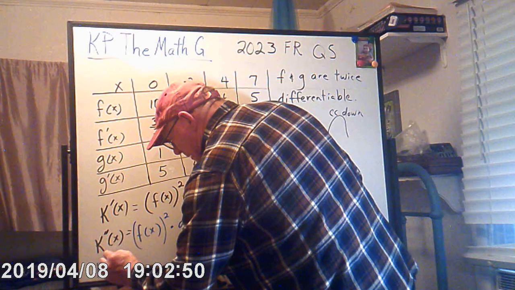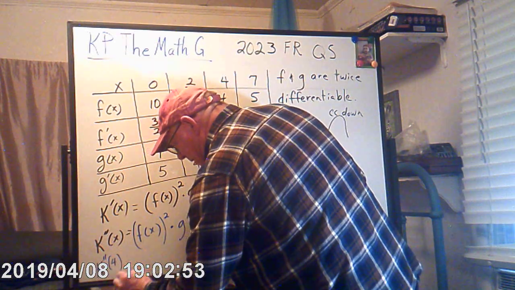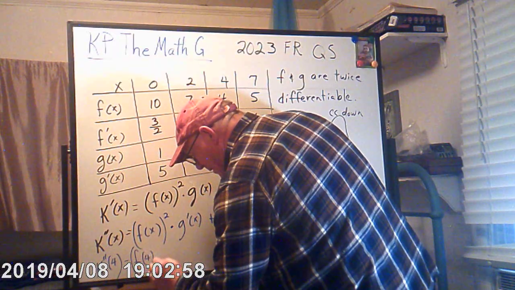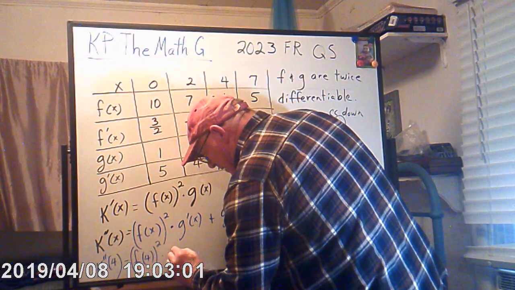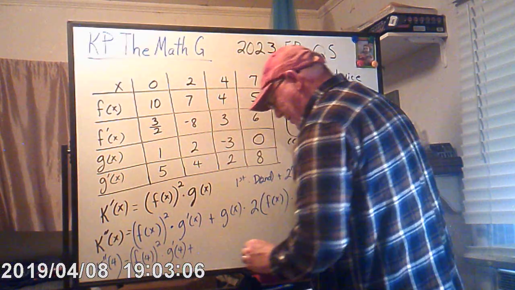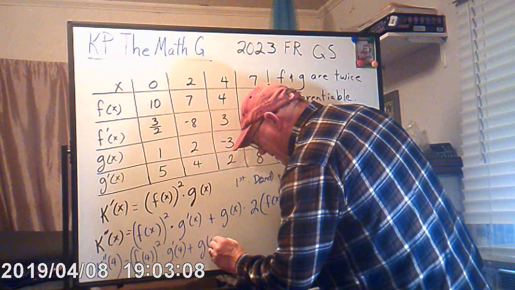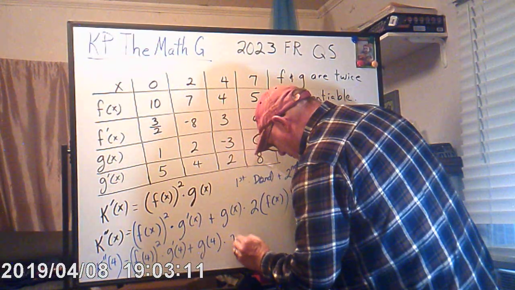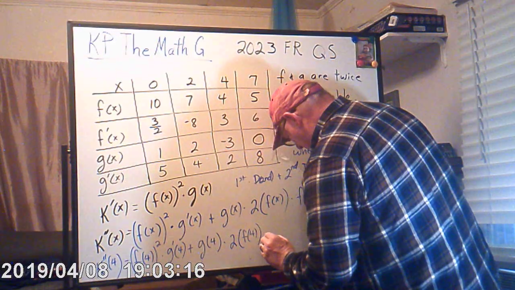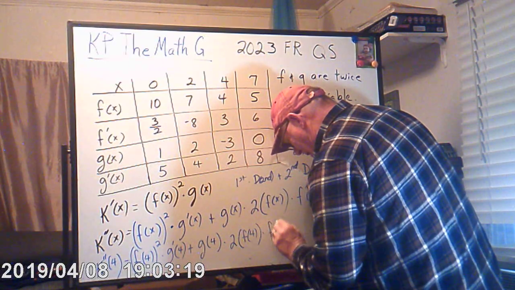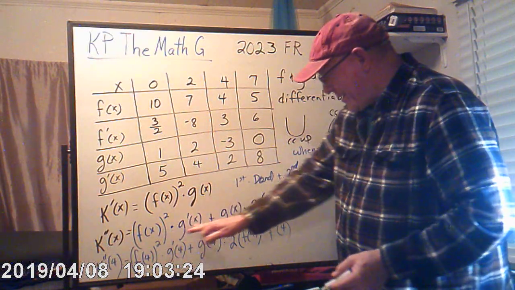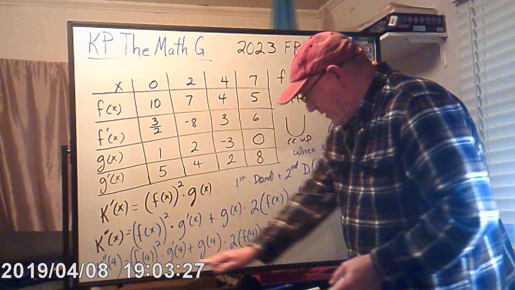So k double prime at 4 is equal to f at 4 squared times g prime at 4 plus g at 4 times 2 times f at 4 times f prime at 4. So all you're doing now is following this to a T, and you're just plugging these in.